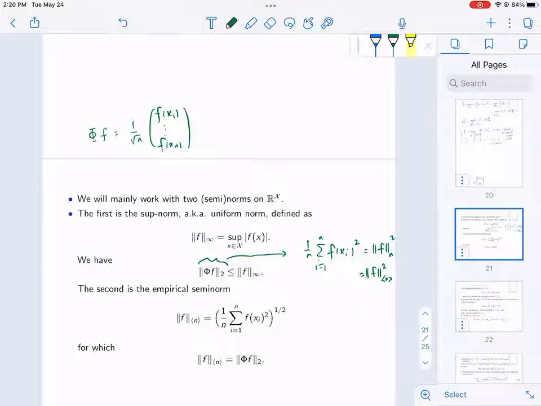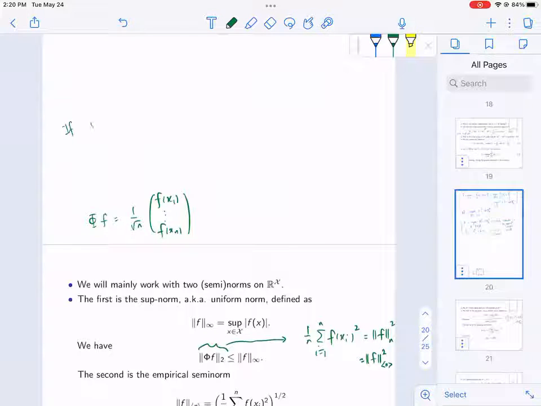Why this is interesting is that we're assuming the x i's are deterministic, so it's a fixed design setting. But if they're IID from some measure mu, then for any reasonable function, let's say L2 integrable, this quantity converges to what? If I draw x i's IID from some measure, this is an empirical average.